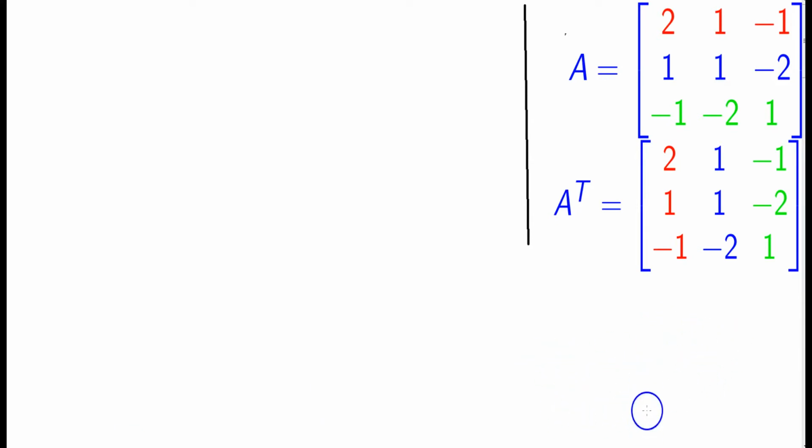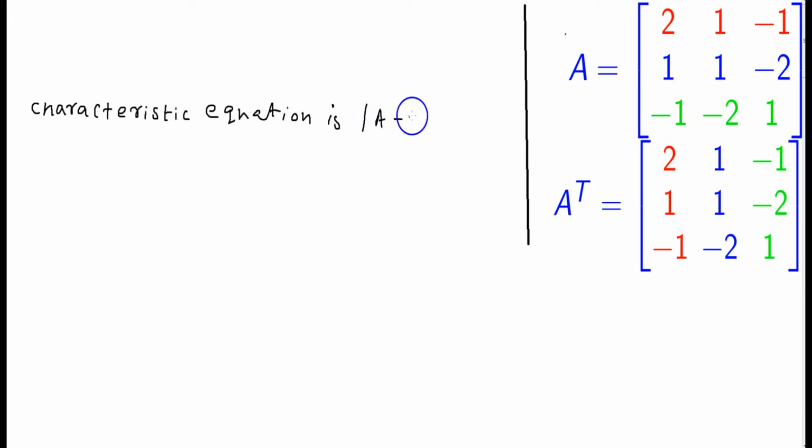First of all, we have to find the characteristic equation. Characteristic equation is mod A minus lambda I equal to 0. Subtract lambda from leading diagonal elements.